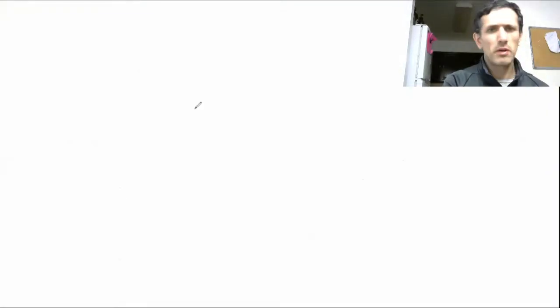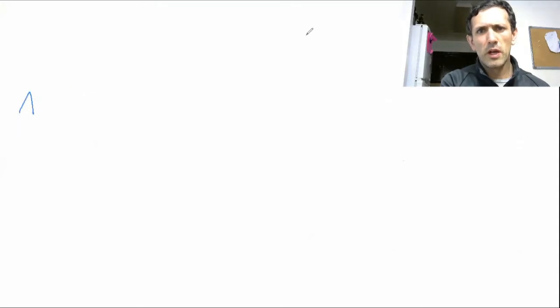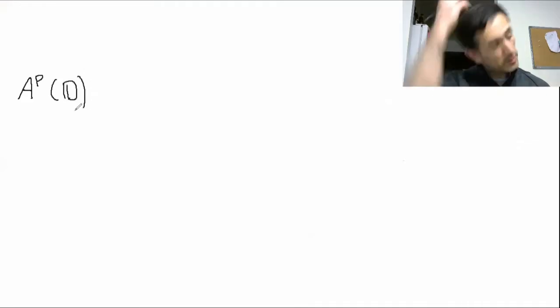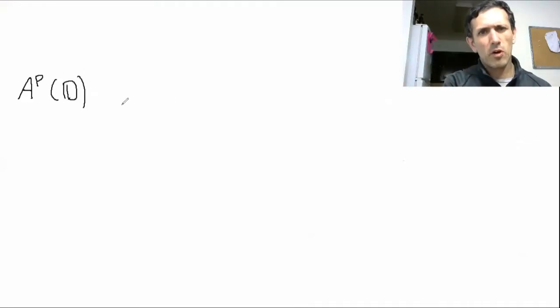So for example, you might want to prove a version of Riesz-Thorin for the Bergman space, which, right, I don't know what notation Professor Zhu is using, but often it's A^p.